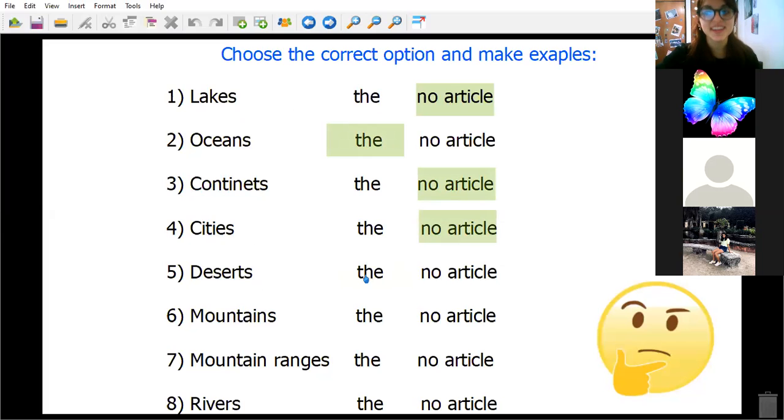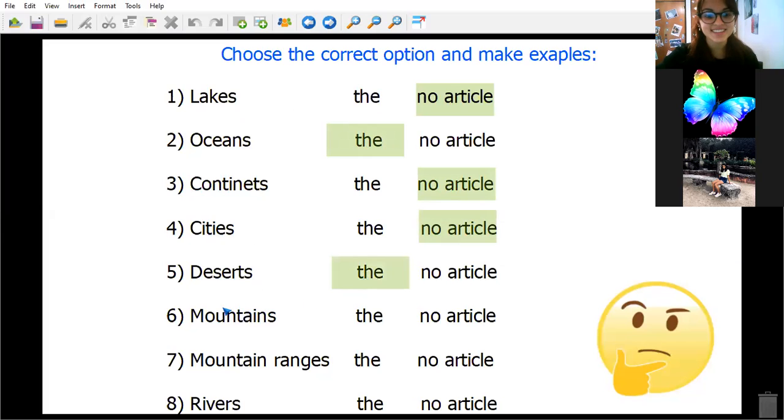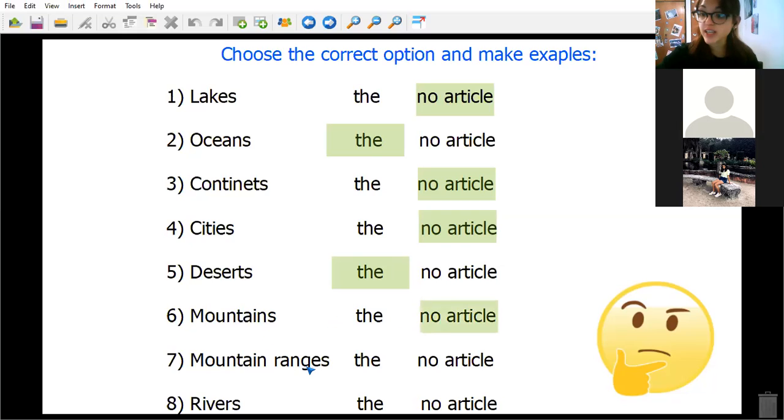The. Correct. Mountains. No article. As opposed to mountain ranges. The. And with rivers? The. Oh, that's so easy. A piece of cake, right? So, you remember this. Very good. Do you find this easy or difficult?